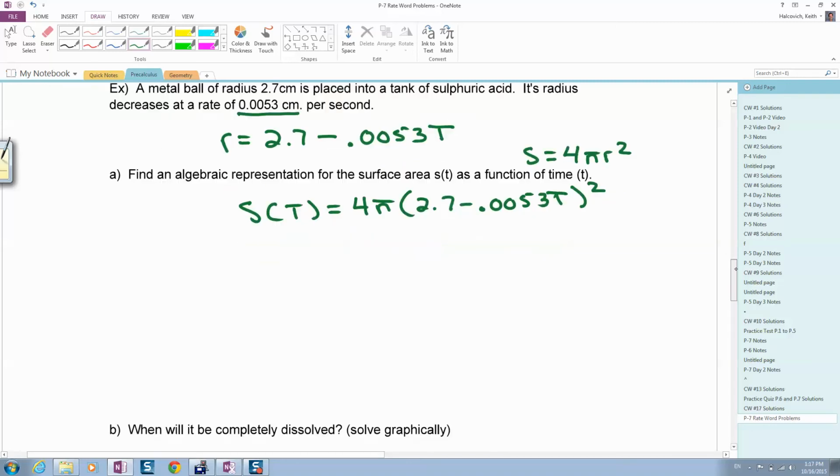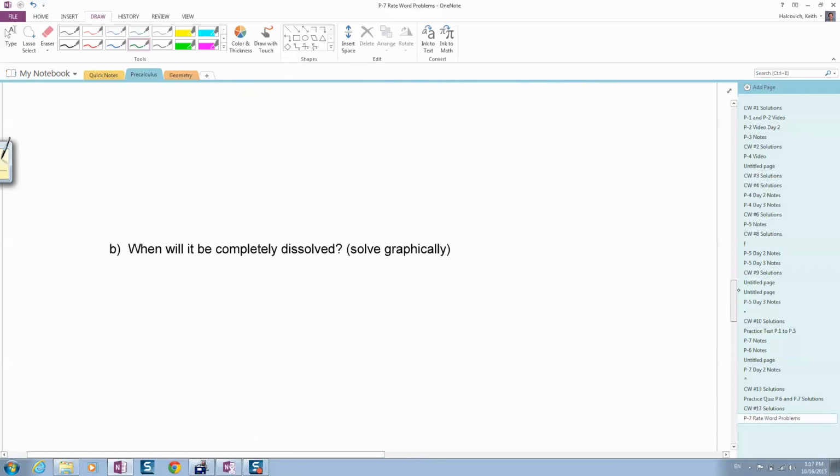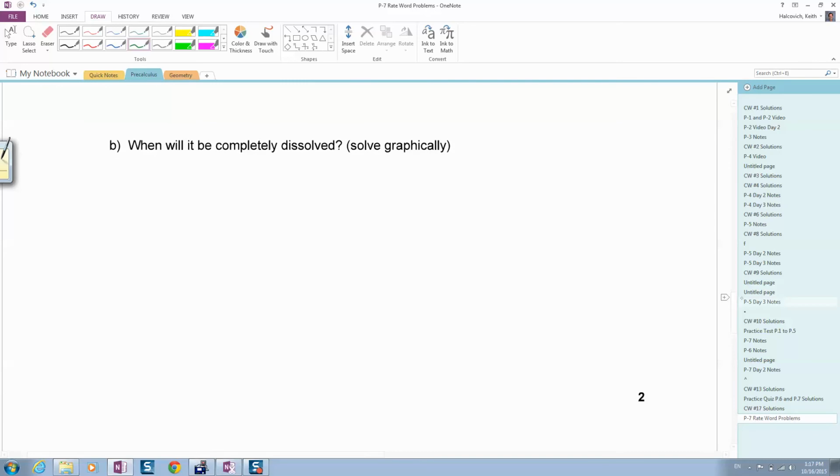So that's our algebraic representation. When will it be completely dissolved? That means when will the surface area be 0? So basically we have 4 pi times (2.7 minus 0.0053t) squared equal to 0.